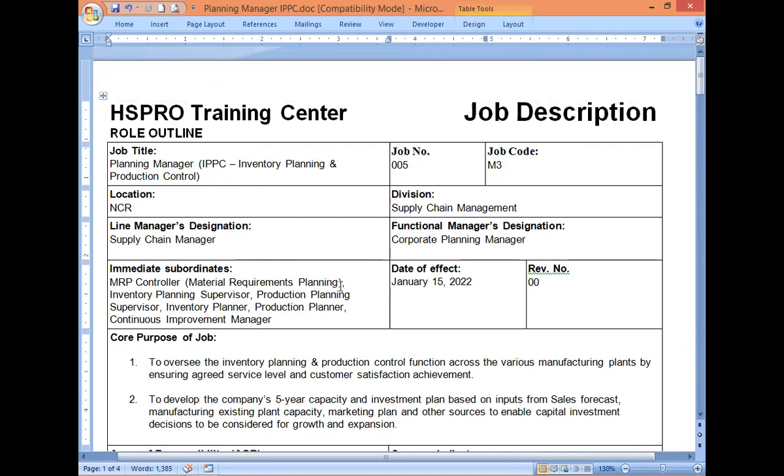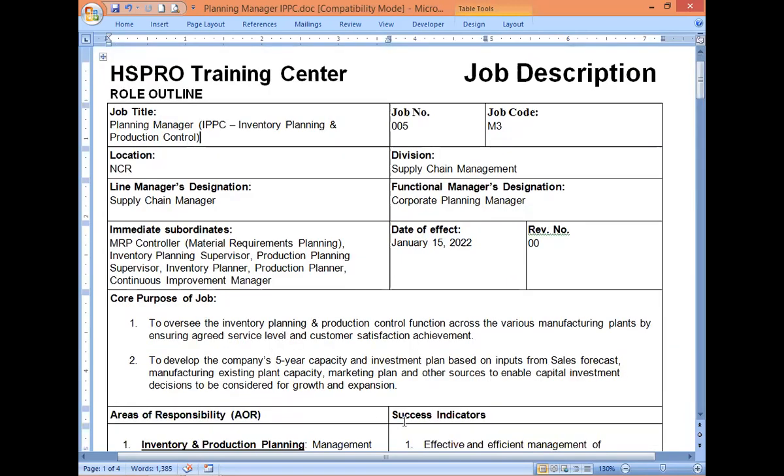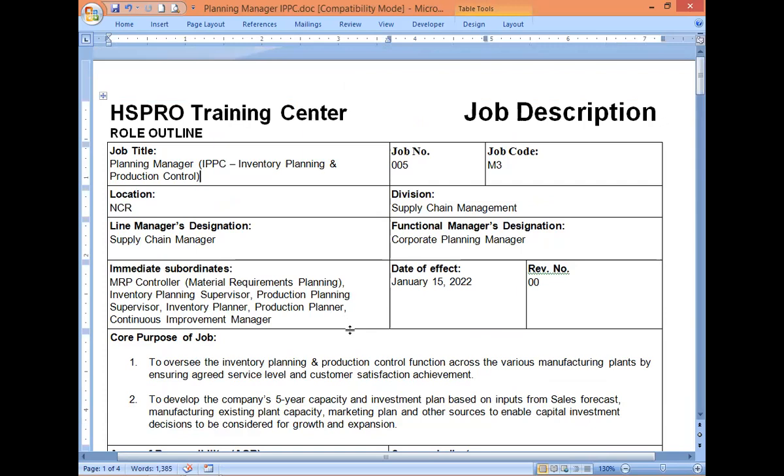Okay. I hope you like this exercise of writing this job description of a planning manager, IPPC. We wrote about the core purpose of the job, the AOR, and the success indicators. I hope you like it as I do myself, and I'm enjoying writing this job description.